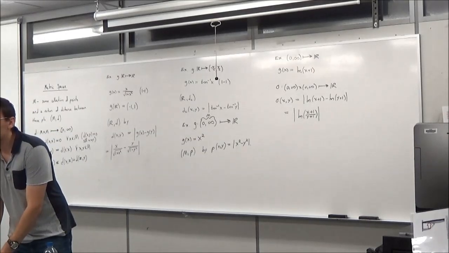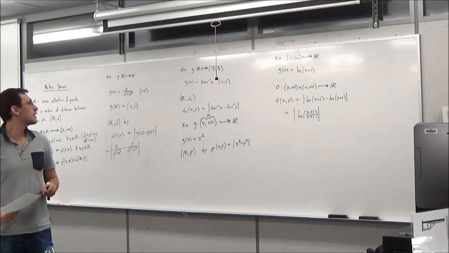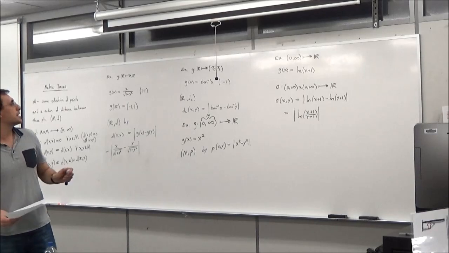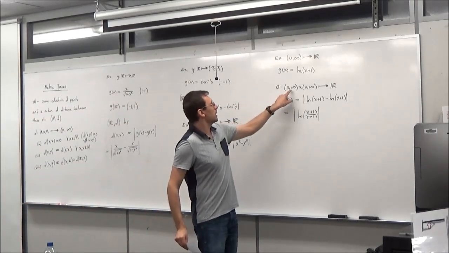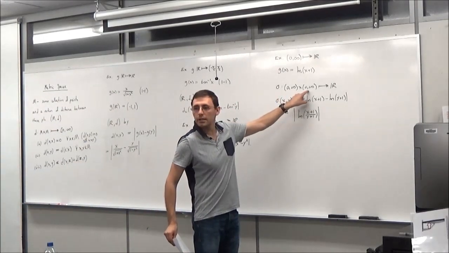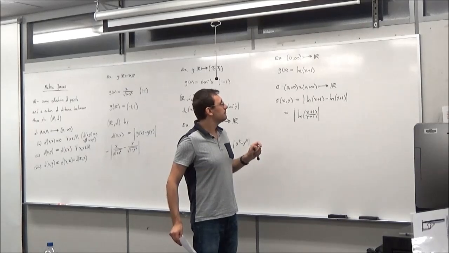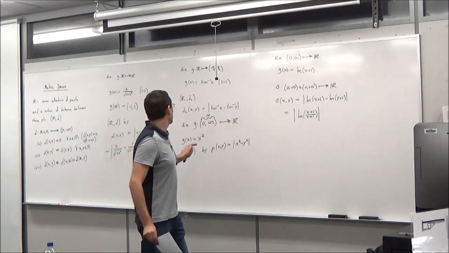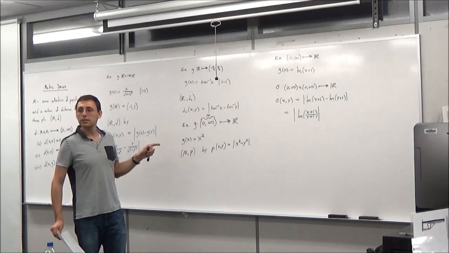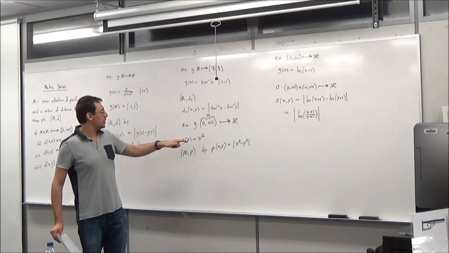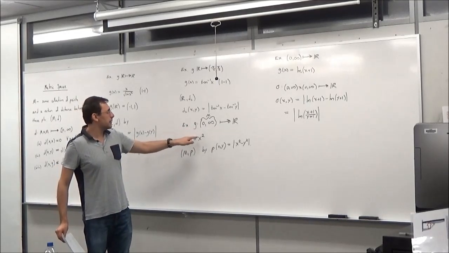Professor, just a quick question. Is it from 0 to infinity to R or the other way around? This is a distance function, so it takes a point in here and a point in here. In the previous example, the function that I defined is square.